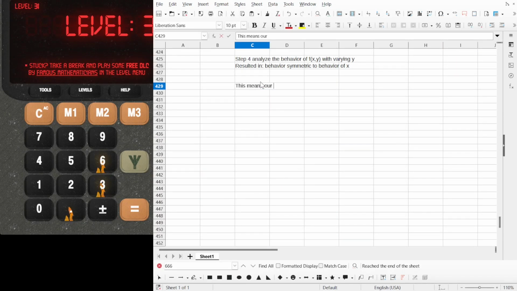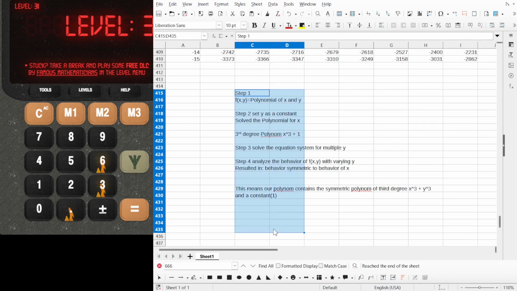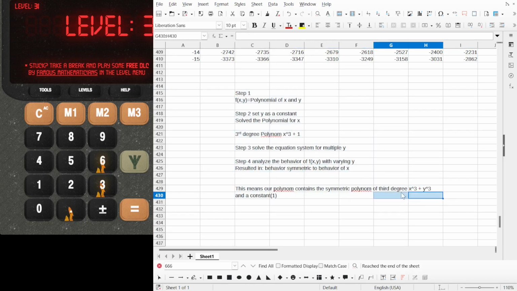This means our polynomial contains the symmetric polynomial of third degree, x to the power of 3 plus y to the power of 3, and a constant, which we did know was 1 through our first calculation, and this resulted in us finding out what it was.